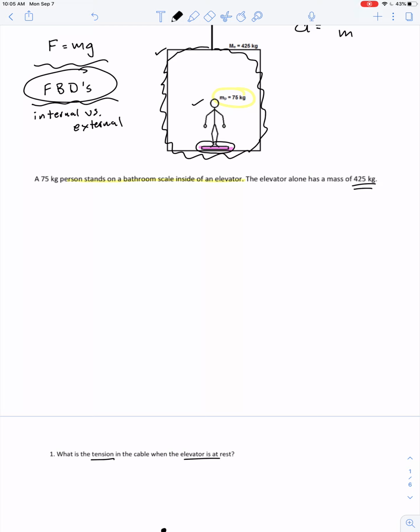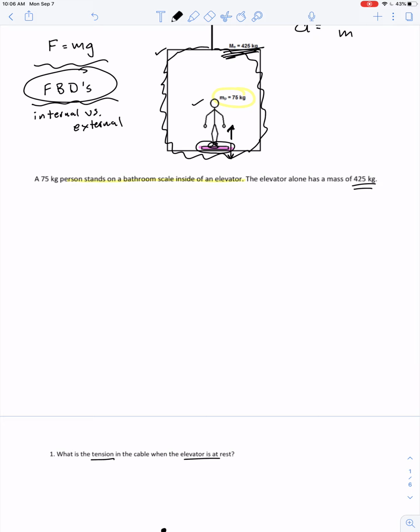The bathroom scale pushes up on the passenger's feet. If I made a free body diagram just for the elevator by itself, then that very same force that's pushing up on his feet is represented on the elevator as his feet push down into the elevator. That's just a statement of Newton's third law. If the elevator pushes up on his feet, then his feet push down on the elevator. But I don't want to have to show that force.